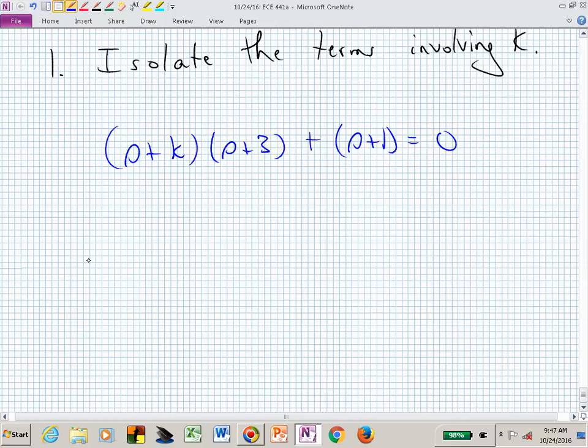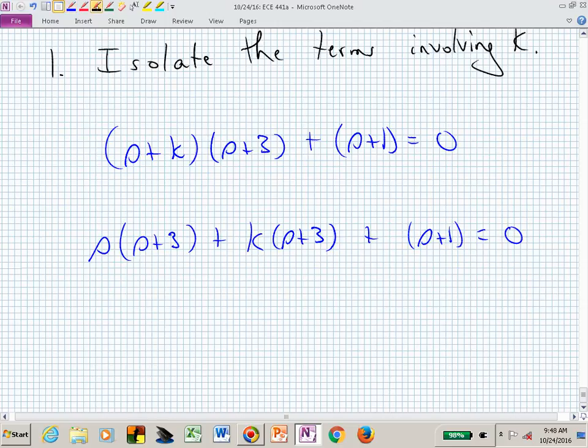Or we can now say, oh, we have an s times (s plus 3) plus a K times (s plus 3), just distributing the s and the K, plus an s plus 1 equals 0. That's the first step. Just isolate all the pieces that are scaled by the parameter K. In this case, it's pretty clean.